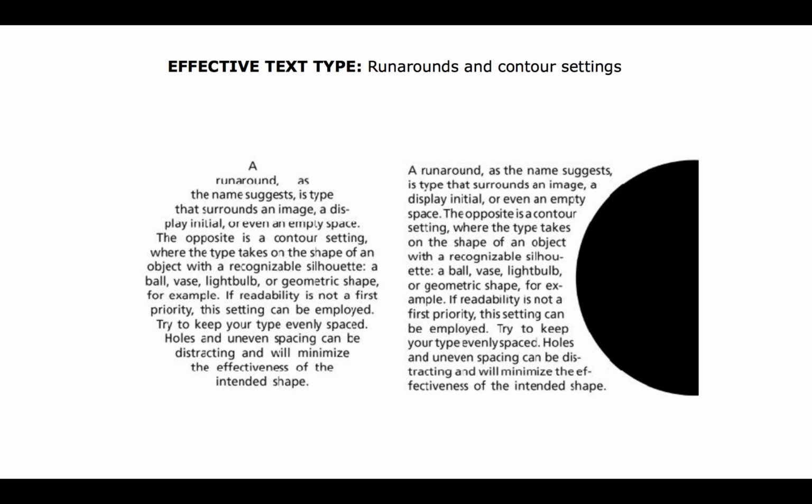If readability is not a first priority, then this setting can be employed. But try to keep your type evenly spaced. Holes and uneven spacing can be distracting, and it'll minimize the effectiveness of the intended shape. Here we have it contouring to a shape along the edge.